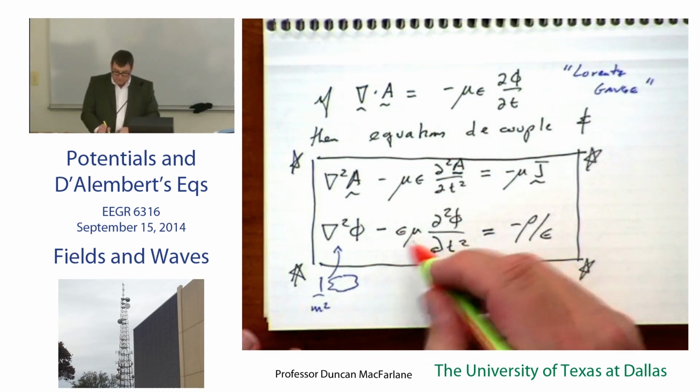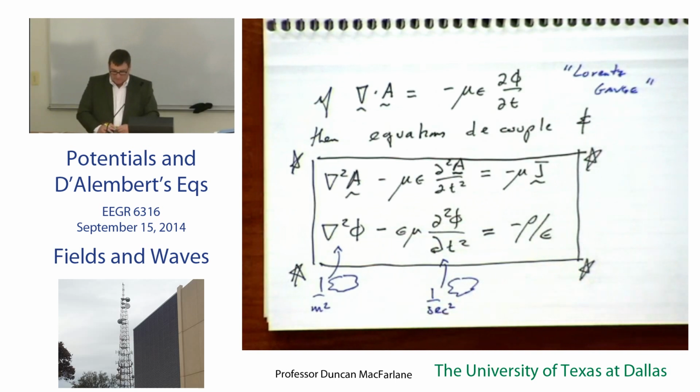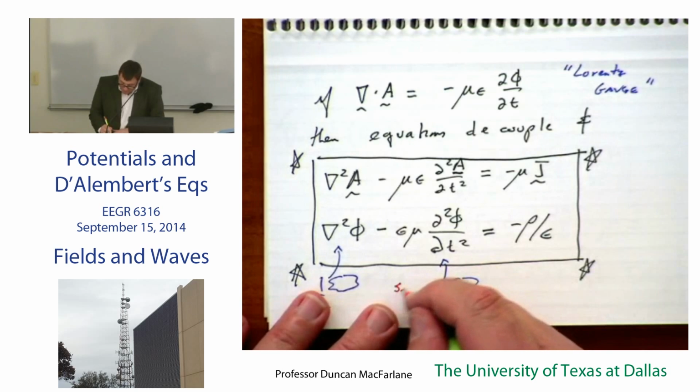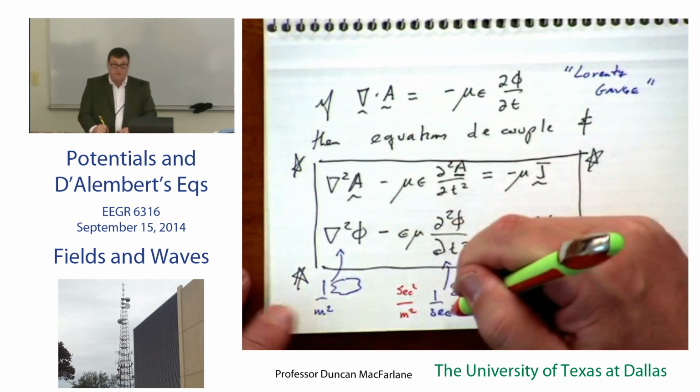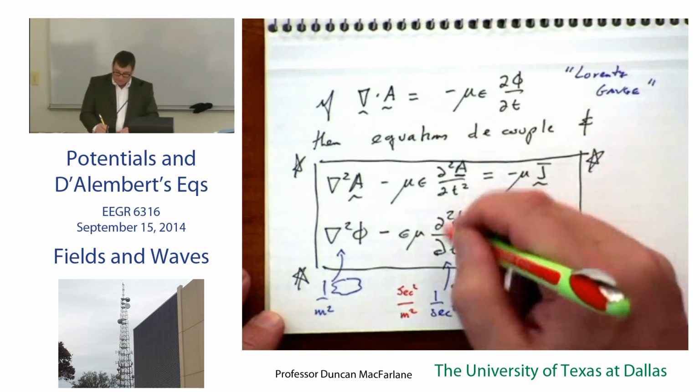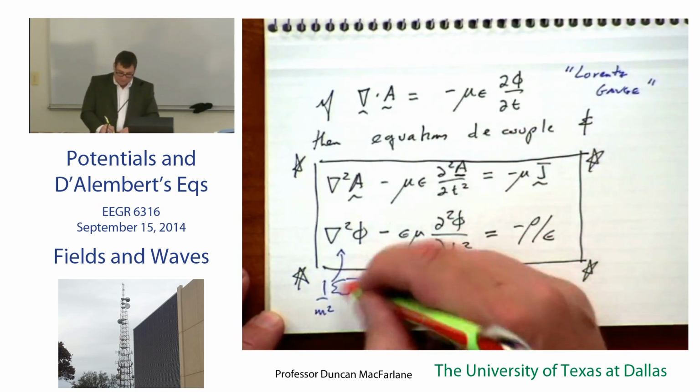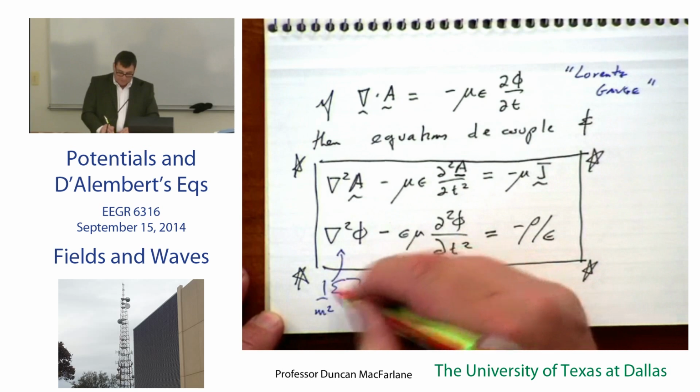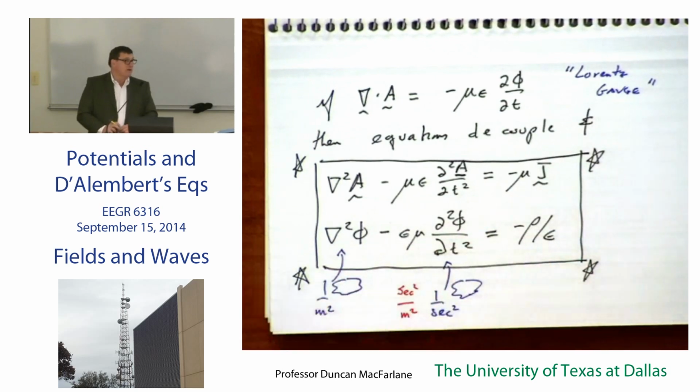So what units must this constant have? It has to have seconds squared per meter squared, so that these guys cancel, so that I'll have whatever unit A is or phi is divided by meter squared to balance whatever unit A or phi is divided by meter squared.